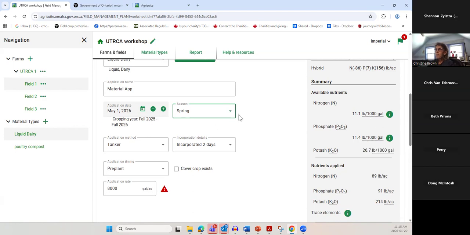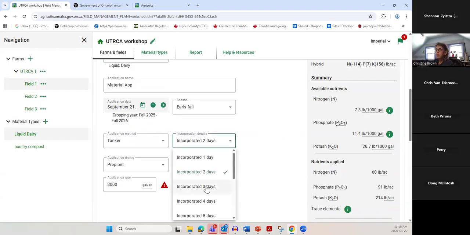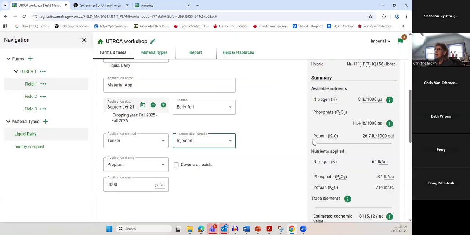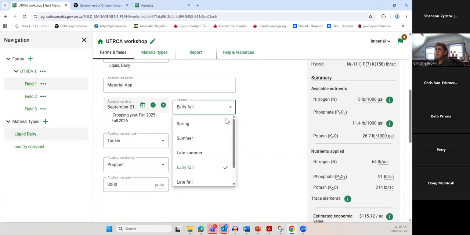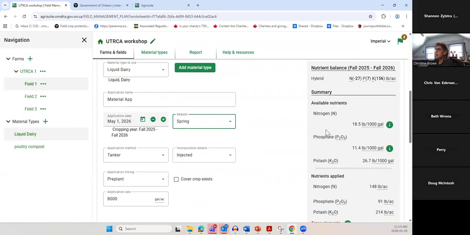But we went from spring to early fall, from basically 7.5 to 11. If we were injecting it and we were going to spring, we go from 11 in the spring to 18. So we're losing a lot less. This is estimated.